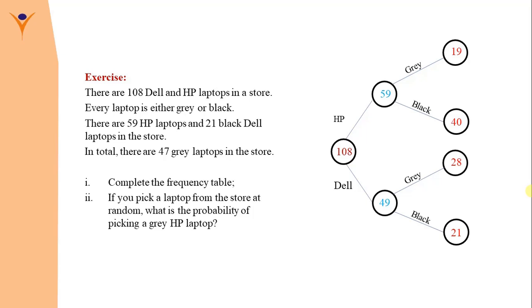So that means there's a possibility of picking any laptop out of the 108. But for that laptop pick to be gray HP, we have just 19 possibilities. So it's going to be 19 divided by 108. Good. All right. So did you get that second part correctly?